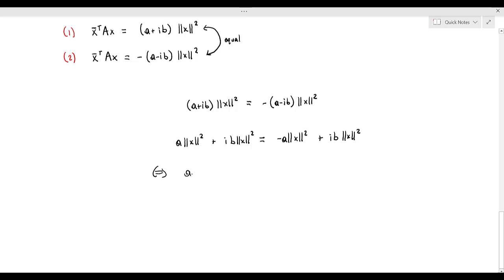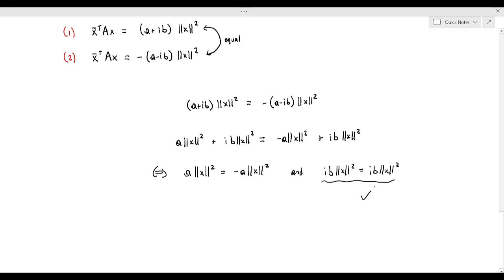So in other words, a times the length of x squared must equal negative a times the length of x squared. So that's equating the real parts together. And their imaginary parts are already equal to each other, so we don't need to concern ourselves much with this.